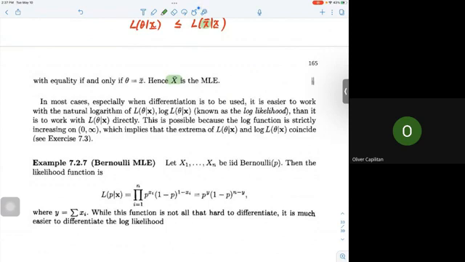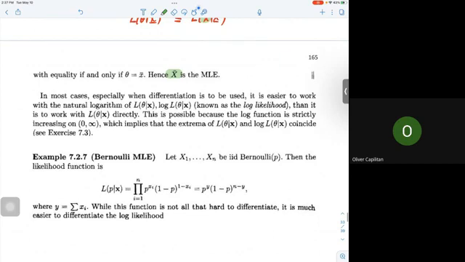So we have the log of the likelihood function, then we're going to work on the log likelihood function directly. This is possible because the log function is strictly increasing on the interval 0 to positive infinity, which implies that the extrema of the likelihood function and the log likelihood function coincide.